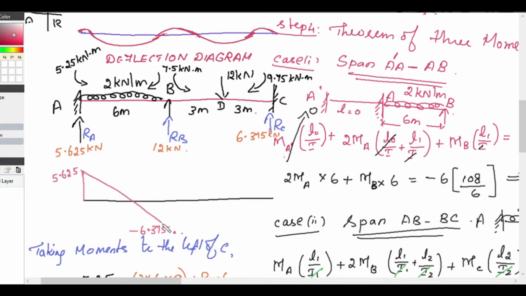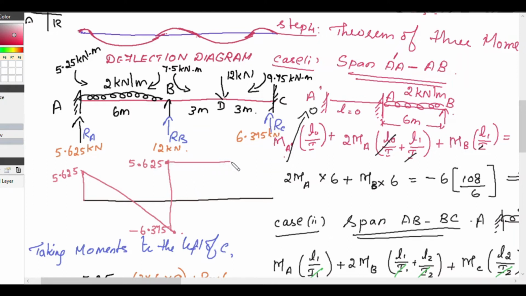So you put a linearly varying line, and from here we have a vertical reaction. RB is 12 kilonewton. So it is minus 6.375 plus 12. We get 5.625.